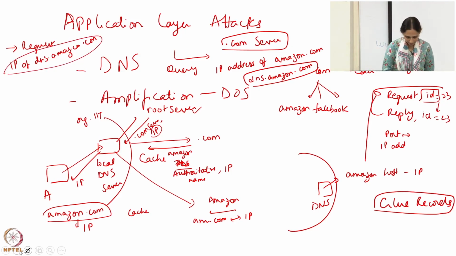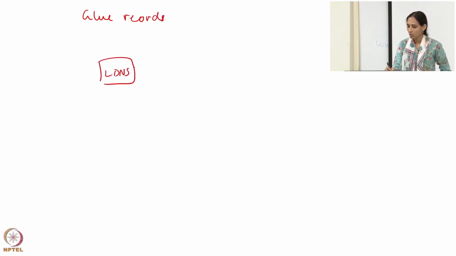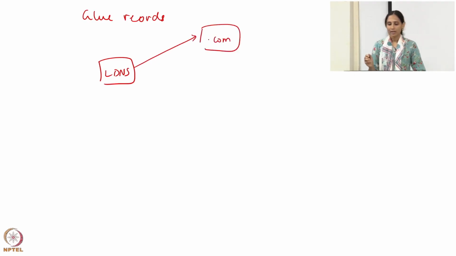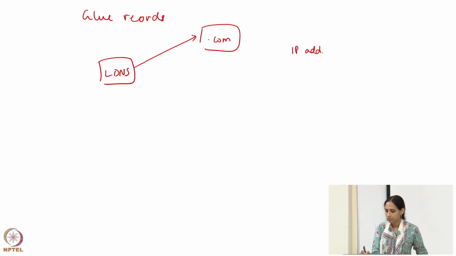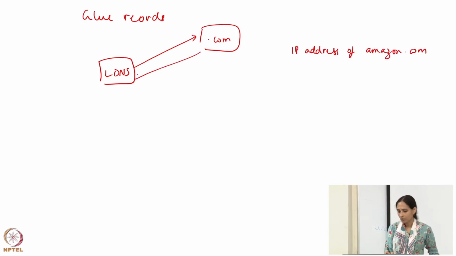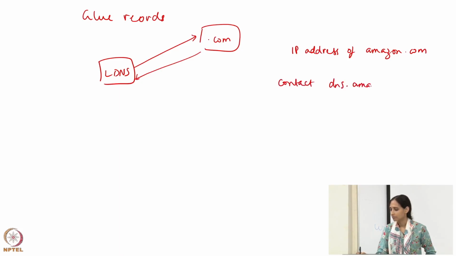Let me write again about glue records. This is our local DNS server, which contacted this .com server and said, I want to know the IP address of amazon.com. This .com server could have replied saying I do not know, contact dns.amazon.com, and stopped there.